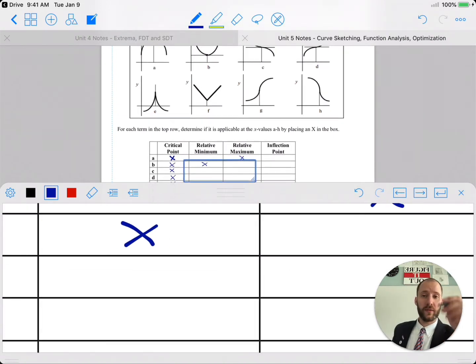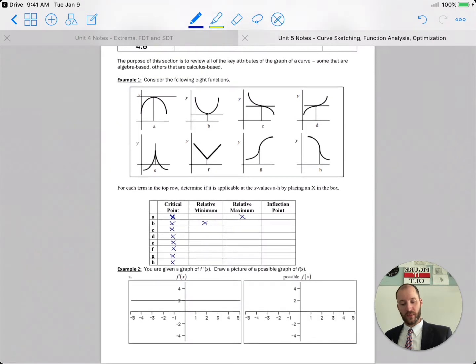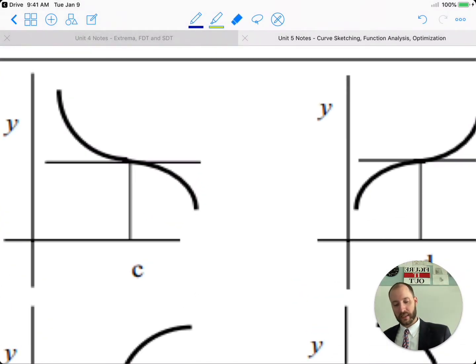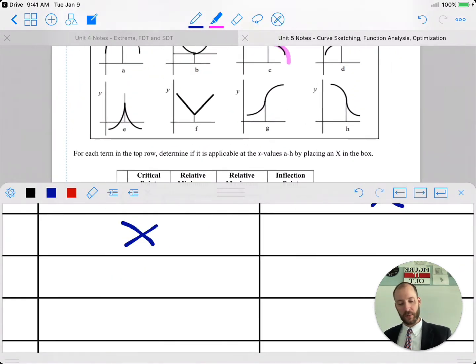Graph C, we see decreasing to decreasing behavior, so not a max or min. We also see, can just zoom in on it, concave up, then switches to concave down. So we see a change in concavity at that point.